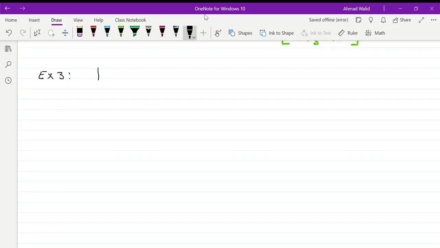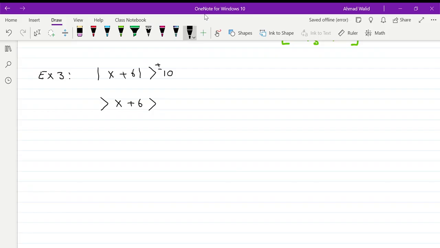Absolute value of x plus 6 greater than, let's say, 10. Remove the absolute value sign, x plus 6. Here you have a plus minus sign, correct? Copy the symbol like this.